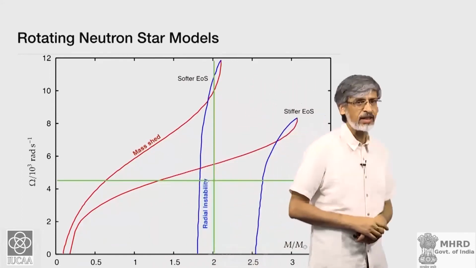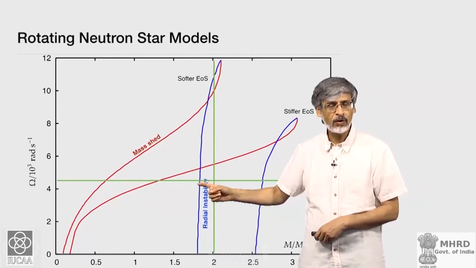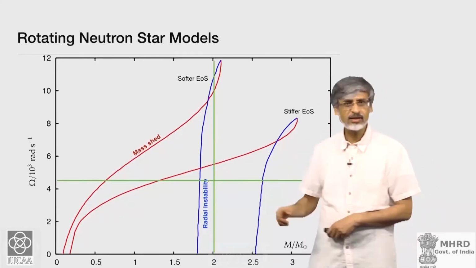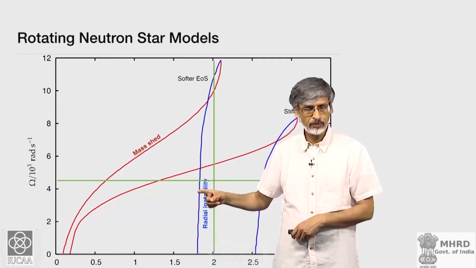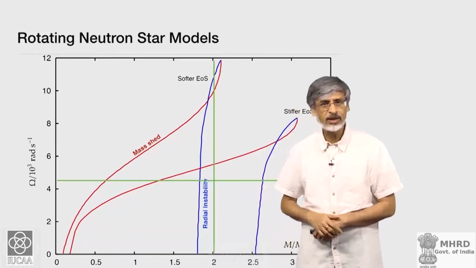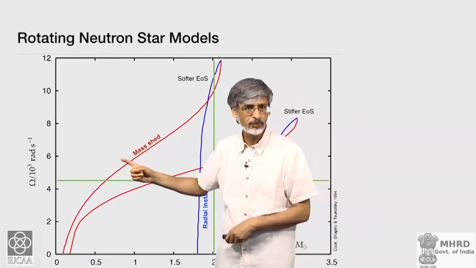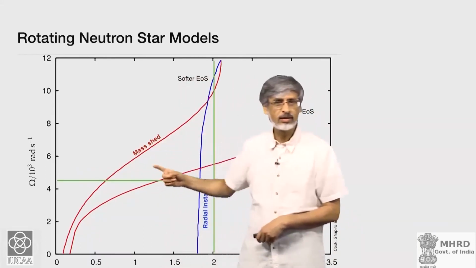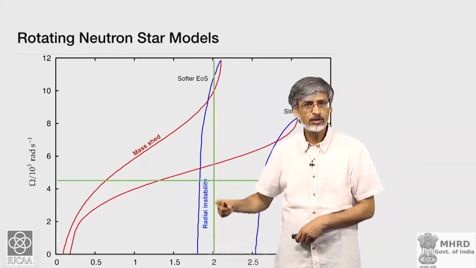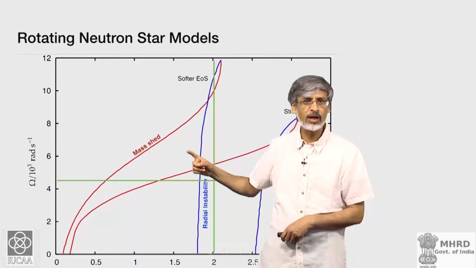As you change the central density of the neutron star for different values of angular velocity, you can produce neutron stars of the same mass, or for a given mass of the neutron star, you can have different values of central density supported at different rotation periods, and these curves envelope that region.